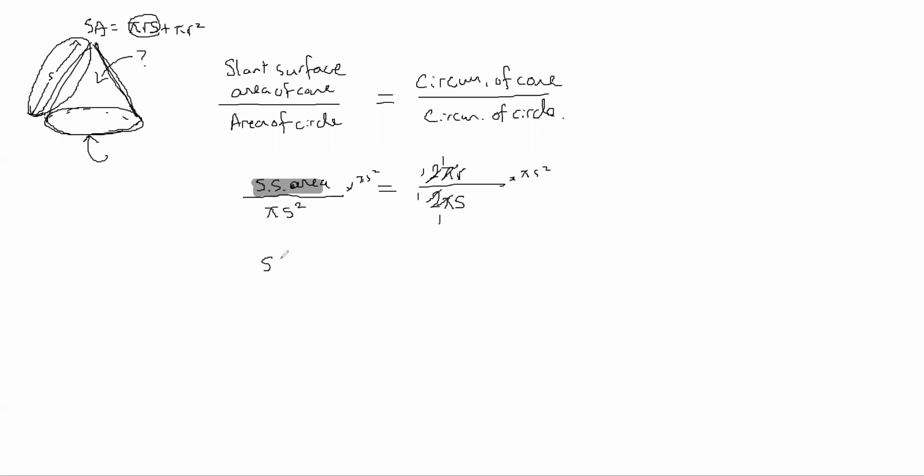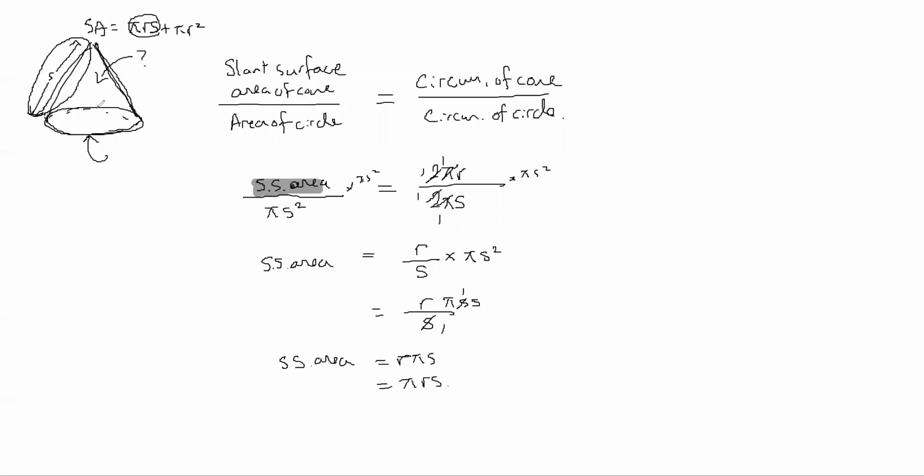I will get the slant surface area is equal to r over s times pi s squared, or r s pi s, and s divided by itself is going to be 1. So the surface area of the slant surface is pi r s.